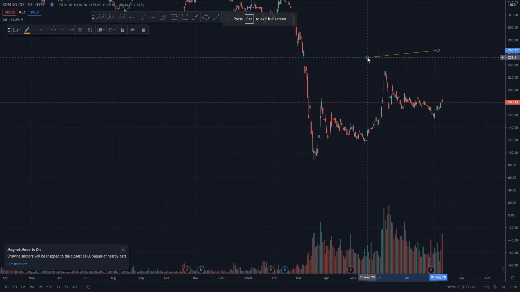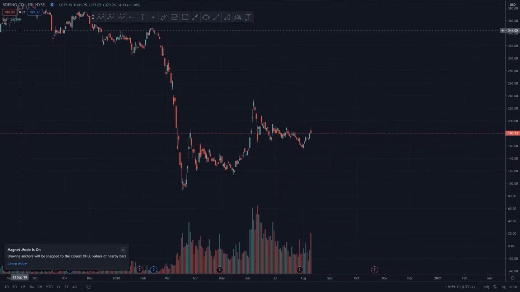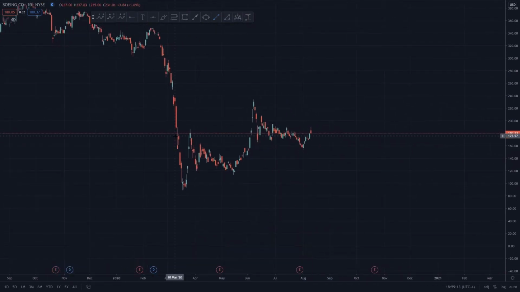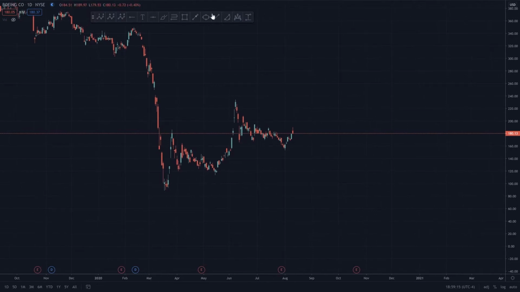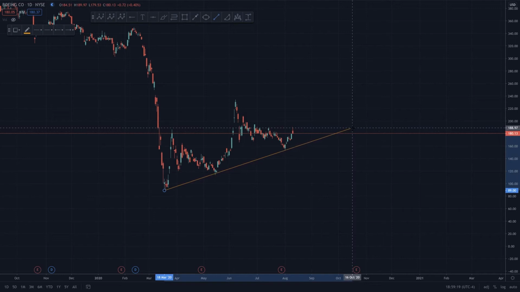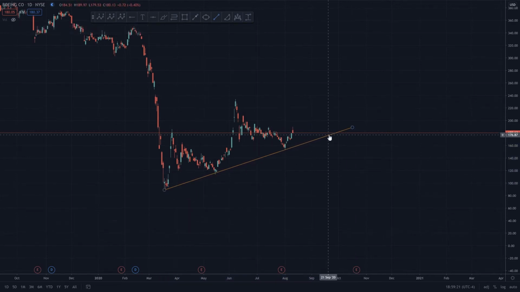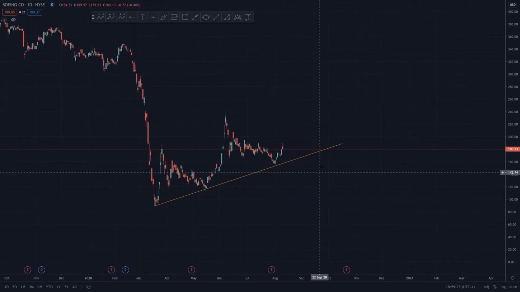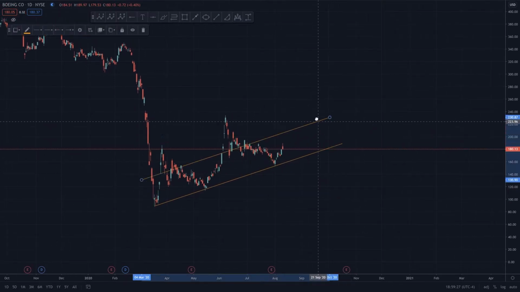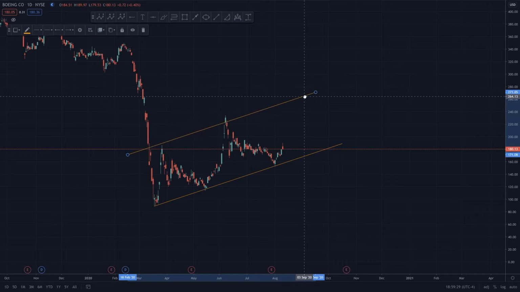So let's get the volume out of the way real quick. If we look at the trends here, maybe mark it like that, to this level right here. So I was looking at that trend there. I was also making that channel right there.